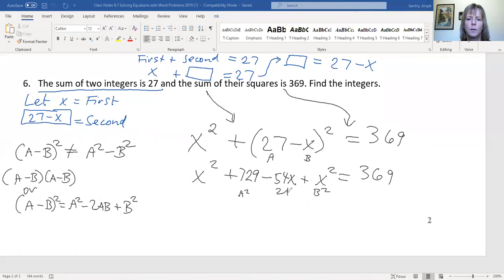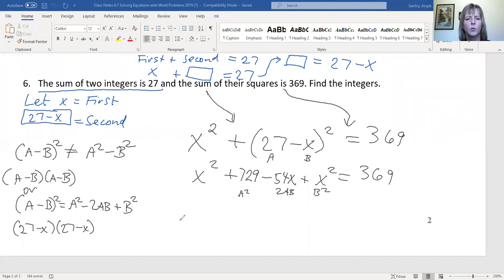This is the 2ab, not worrying about signs. If this makes you uncomfortable, it's completely normal, then you just FOIL this out, 27 minus x, 27 minus x, and you're going to get the same thing.